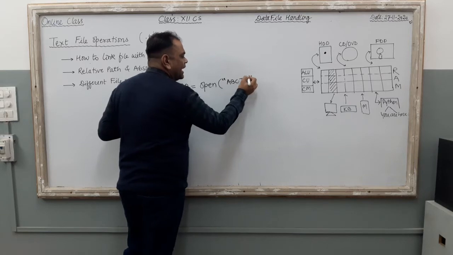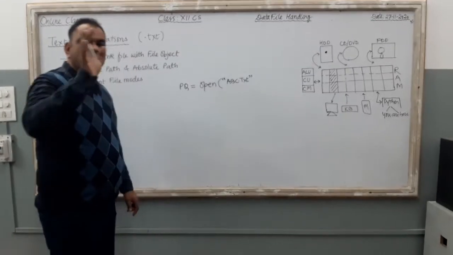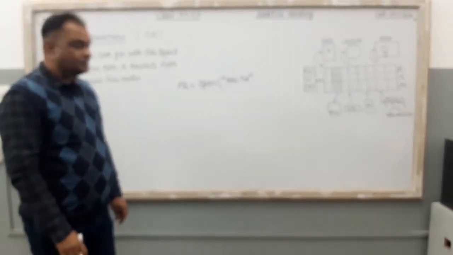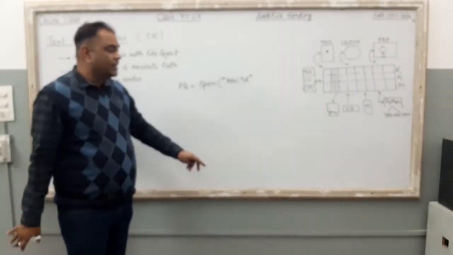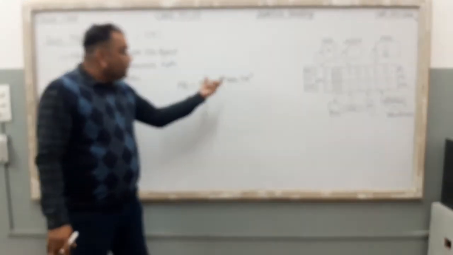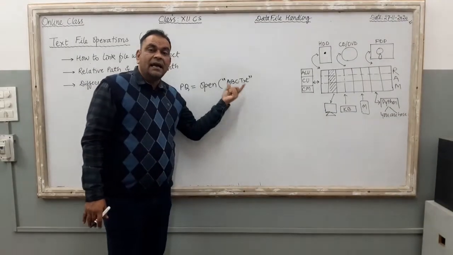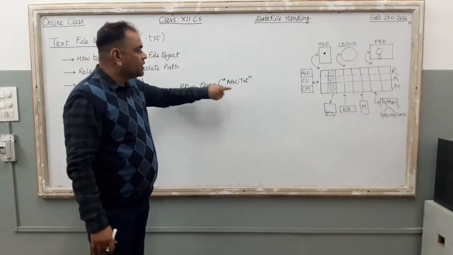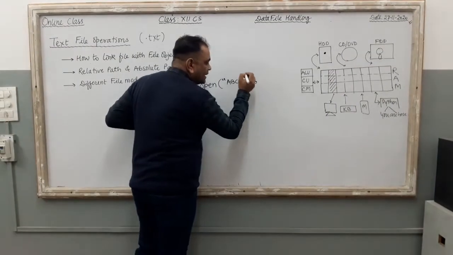File name you can enter either in capital letter or in small letter. It's on you only. There is no case sensitivity while you write the file name. Your file name should be inside either single inverted comma or double inverted comma with this open function. Clear? Now you just put one comma after writing the file name.